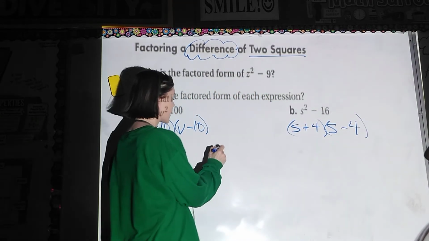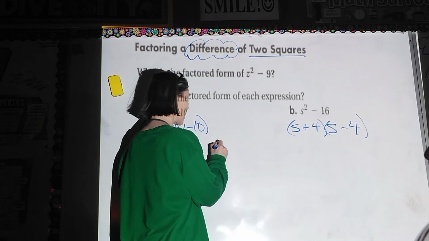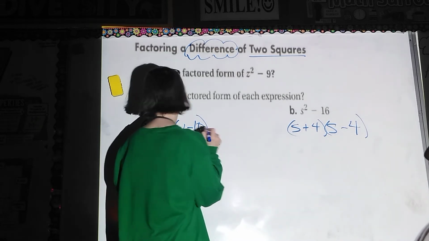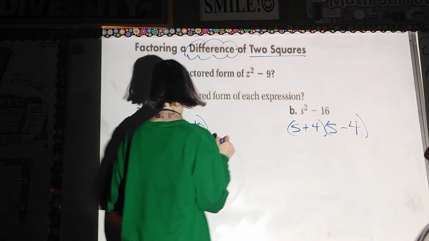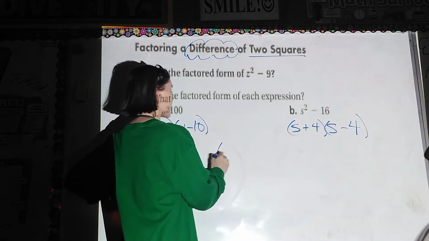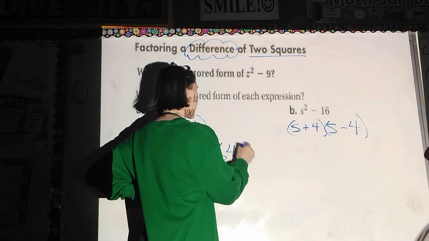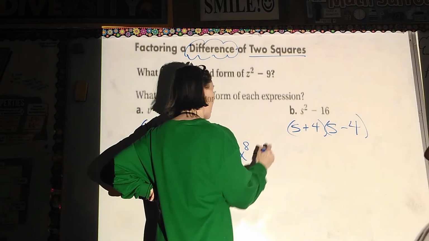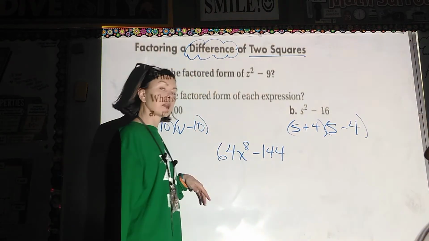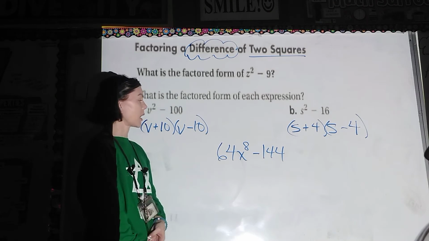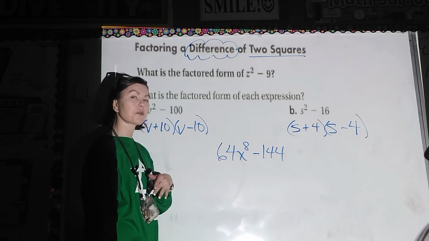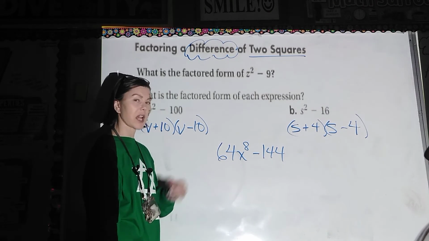What if it was, let's just say, another perfect square: 64 x to the 8th minus 144? Give that a try, and we're going to find the factored form of this expression.